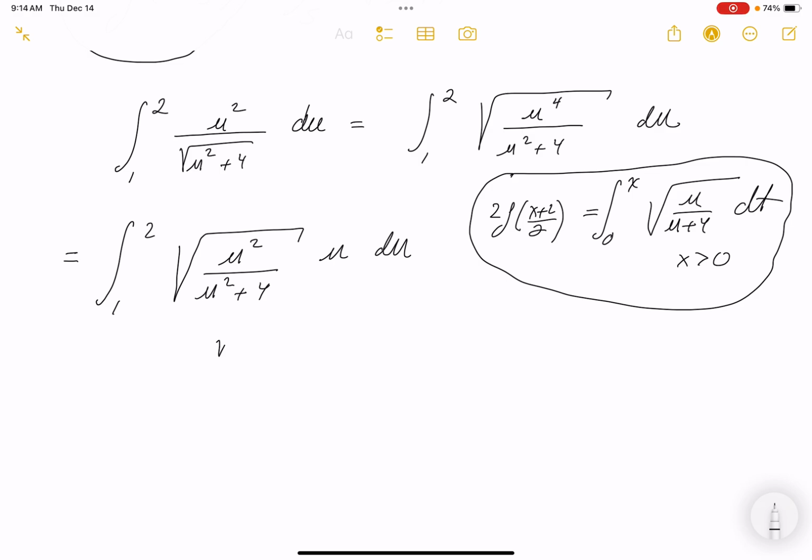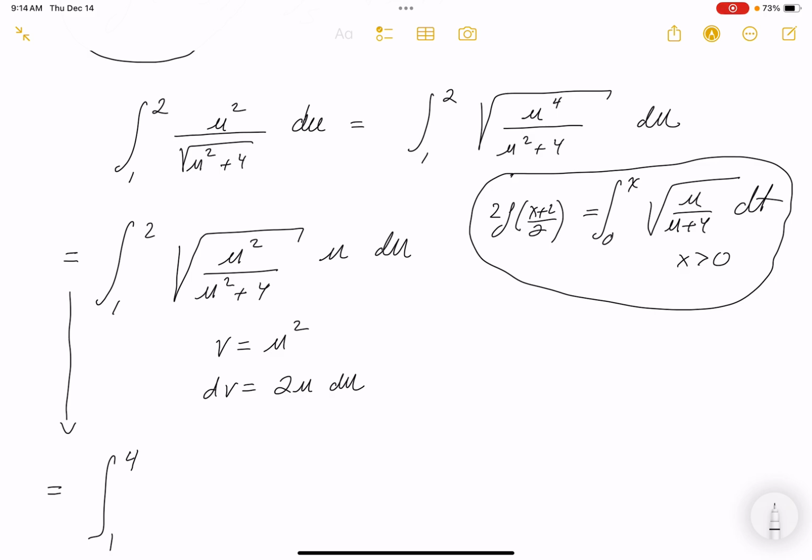I'm going to say v equals u squared, so dv would equal 2u du. If u equals 1, u squared is going to be 1 again. Now, if u is equal to 2, u squared would be 4. All right, that's not so bad.